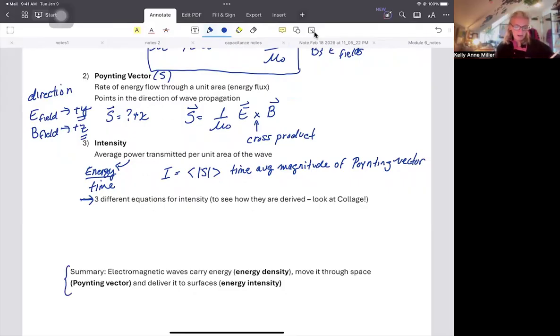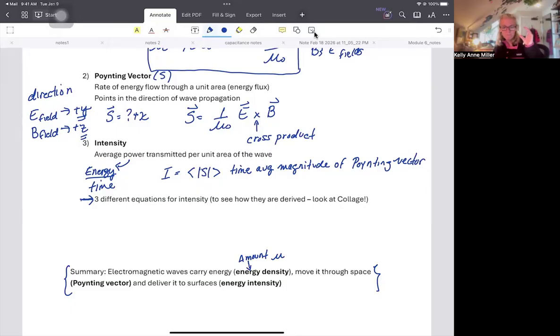But just to summarize the three things: electromagnetic waves carry energy, and the amount of energy is expressed by the energy density. Okay, so that's mu.